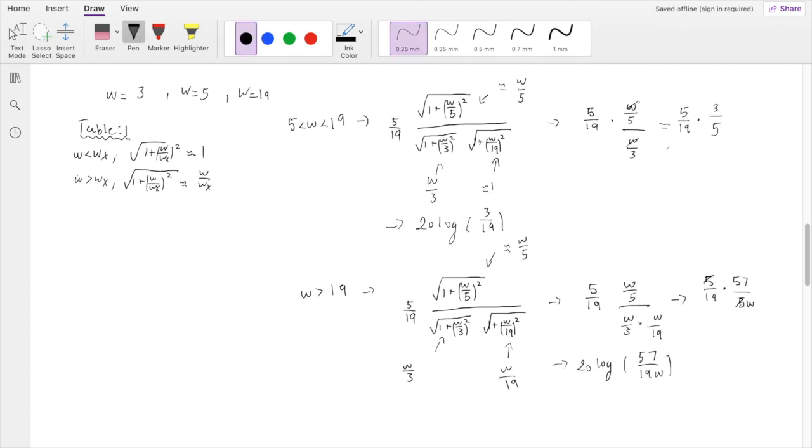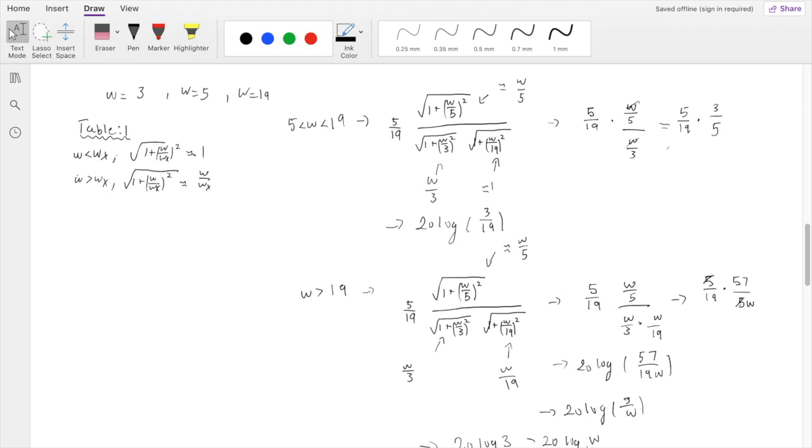And to simplify this further, 57 divided by 19 is 3, so 3 over w. And we can rewrite this as 20 log 3 minus 20 log w. So now we have all of our transfer functions and what their logarithmic value will be in these line segments.